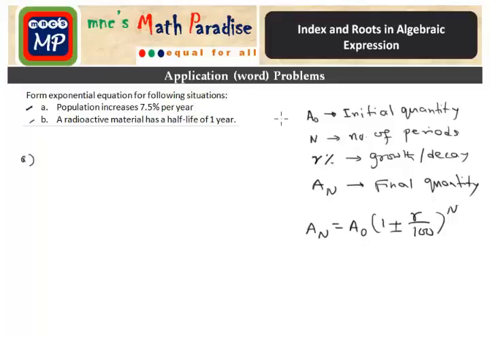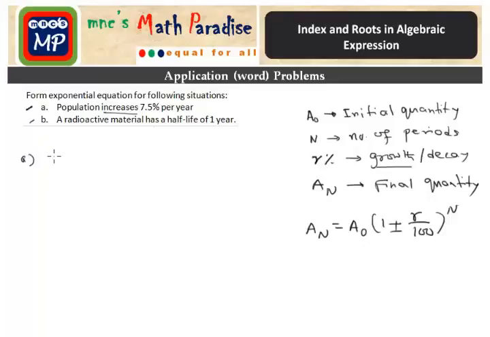The exponential relation that we know is, if we have an initial quantity A0 and growth or decay by r% in a period, and there are n such periods, then the final quantity An can be written as A0 times 1 plus or minus r divided by 100 to the power n, where plus is for growth and minus is for decay. Here population is increasing, so this is a growth problem.